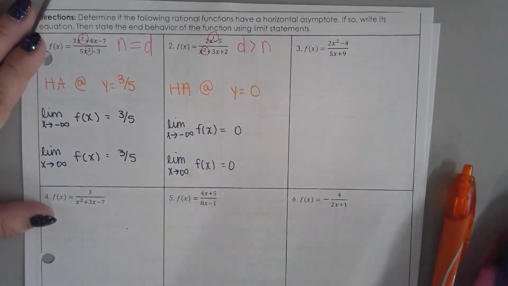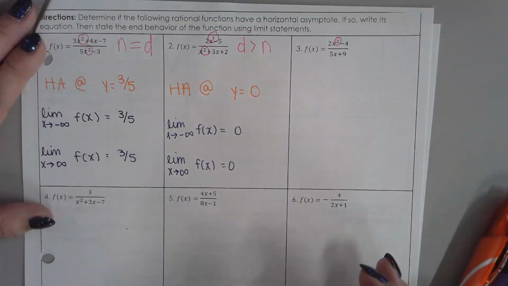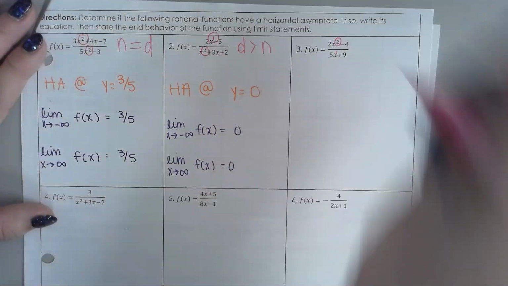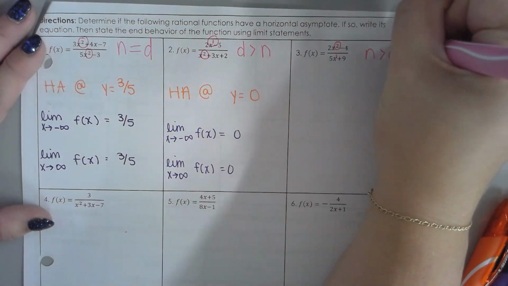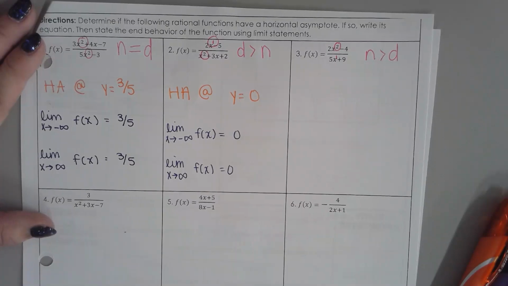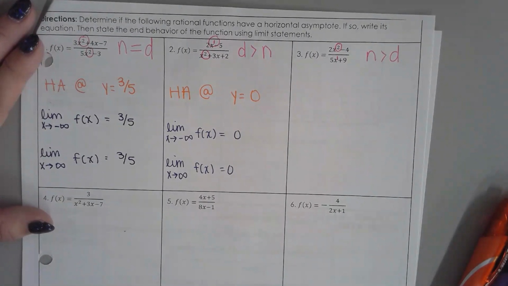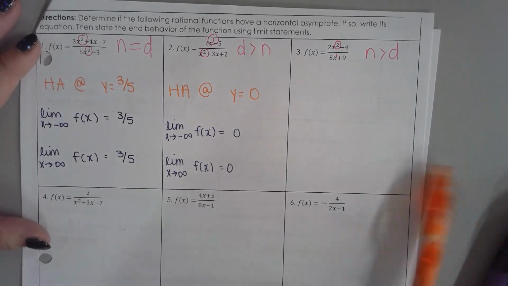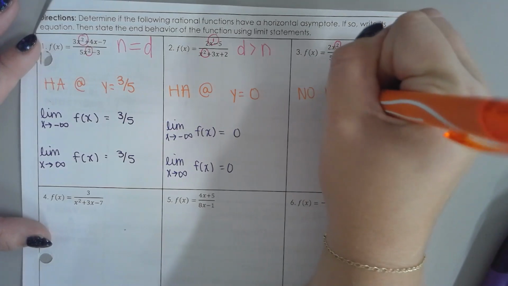Number 3, I have a degree of 2 in the numerator and a degree of 1 in the denominator. So my numerator is bigger. Those were the ones that were a little bit trickier. There's no horizontal asymptote.